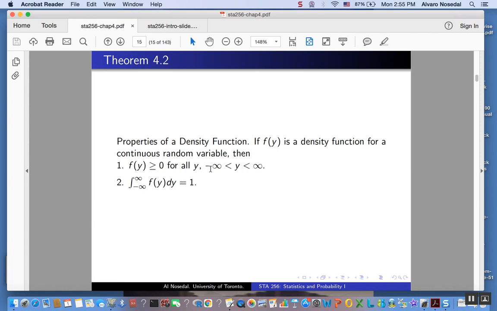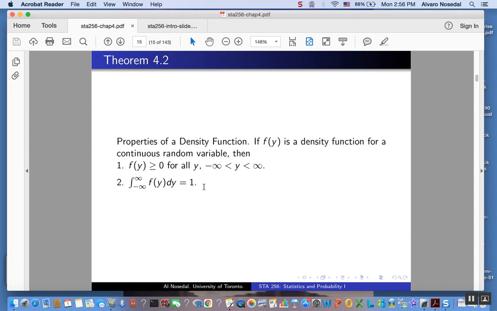Next property. Now, instead of a sum, we are going to have an integral for all values in the real line between -infinity and infinity. If you integrate the PDF, you should end up with a 1. So that theorem is just an analogy of the properties that we had before for discrete random variables, for probability mass functions.